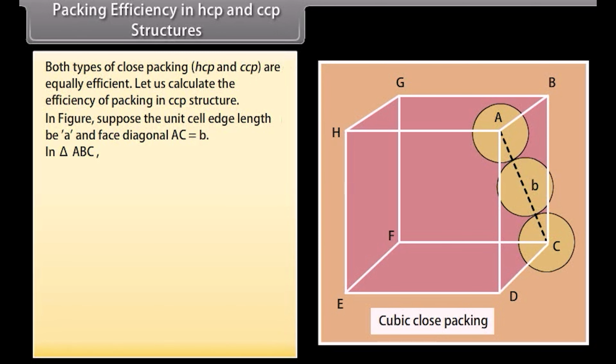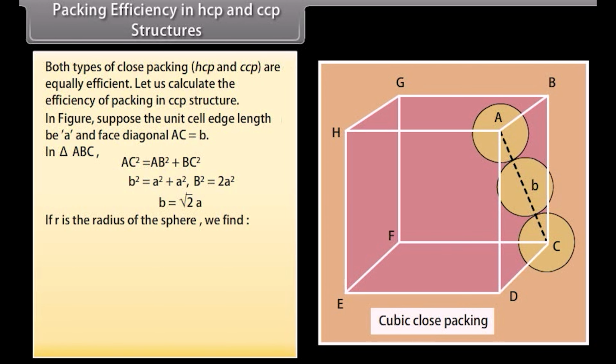In triangle ABC, AC² is equal to AB² plus BC², or b² is equal to a² plus a², or b² is equal to 2a², or b is equal to √2 a. If r is the radius of the sphere, we find b is equal to 4r, which equals √2 a, or a is equal to 4r upon √2, which is equal to 2√2 r.